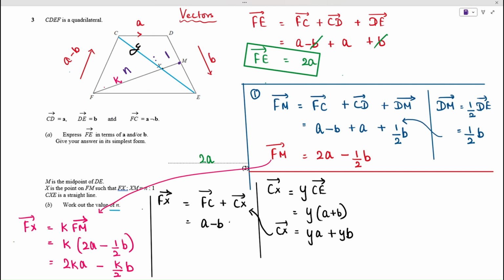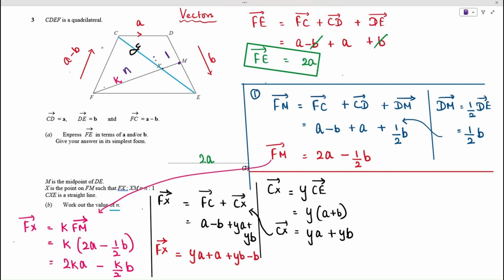Now we're going to place this straight into our equation from before. So we have a minus b plus ya plus yb. And what we can do here is join together the terms with a and join together the terms with b, and we can factorize in that sense. So we're left with ya plus a plus yb minus b.